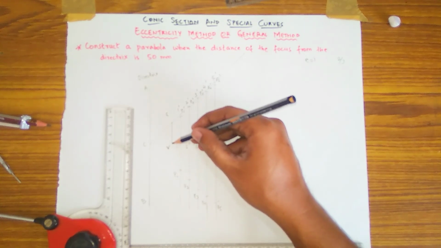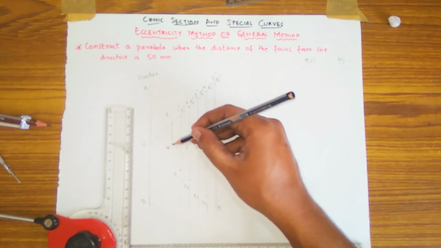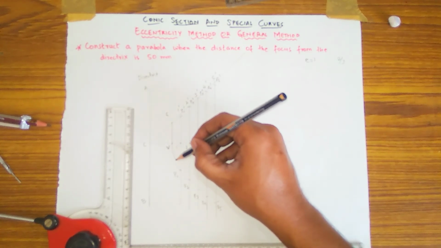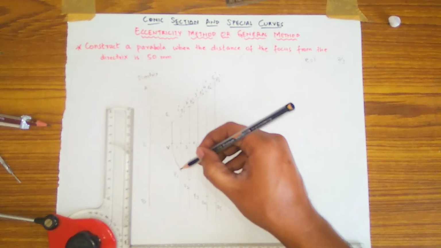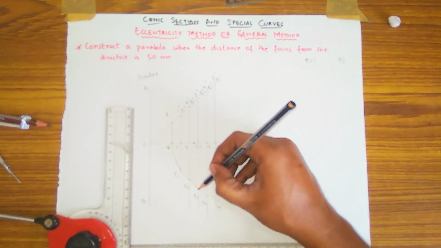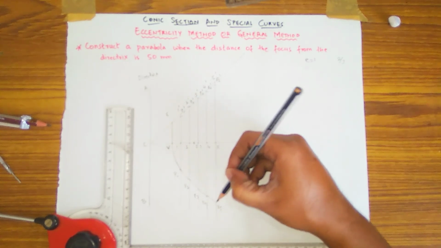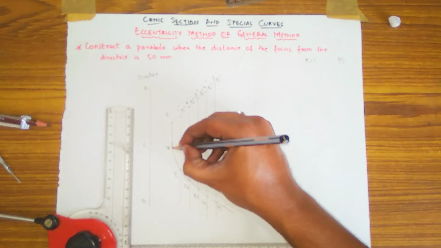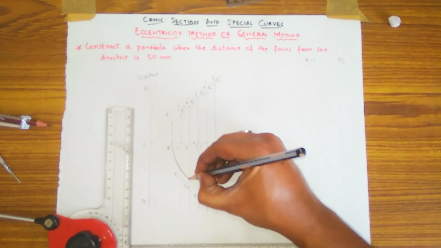After marking the points, we have to draw the curve from the vertex. For example, V to P1 with a free hand first, then P3, P4, P5, and extend the curve like this. Then dot that curve.